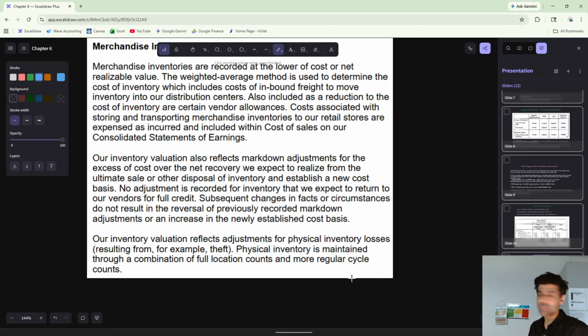And they have a perpetual inventory system. They're constantly maintaining their inventory, and they also do a physical count, where they'll physically go in and make sure that the accounting system is lining up with the physical. So this is all just part of the GAAP rules and their obligations as a public company.